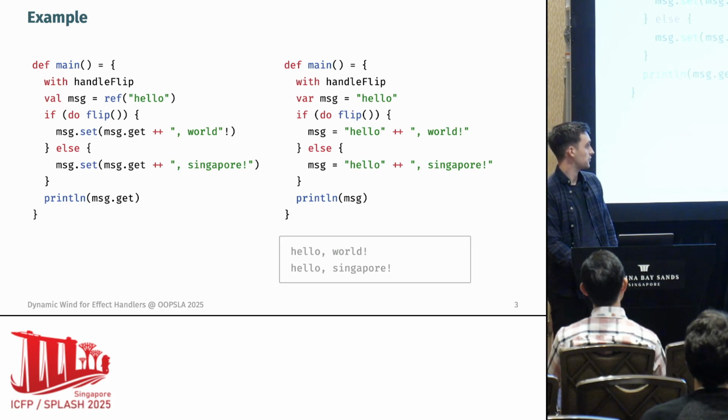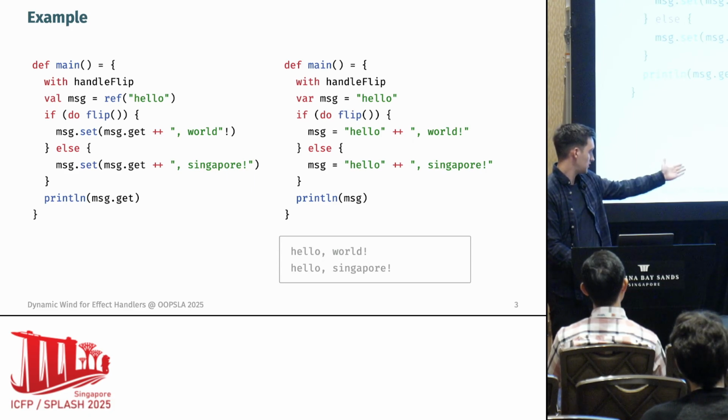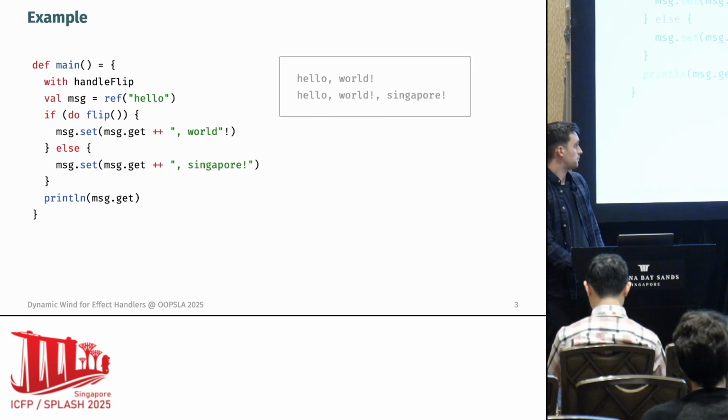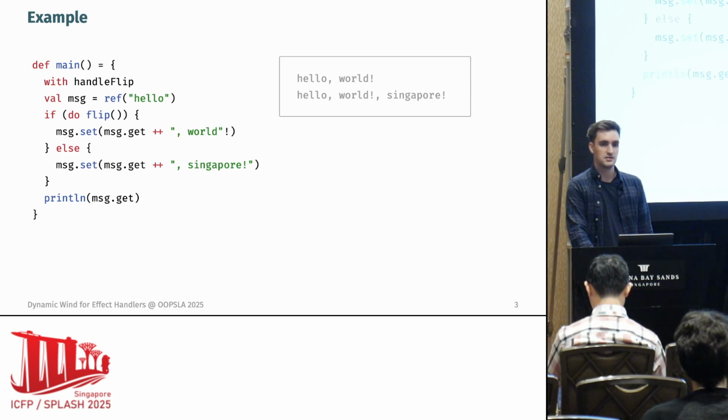So in the first resumption, we are appending world to hello, and in the second resumption, the reference or the variable still contains only the string hello, but not world from the first resumption. So it's backtracked. So we are getting hello world and hello Singapore. But this is not what we are getting in the left example. What we are getting instead is hello world and hello world Singapore. So it's not backtracked.